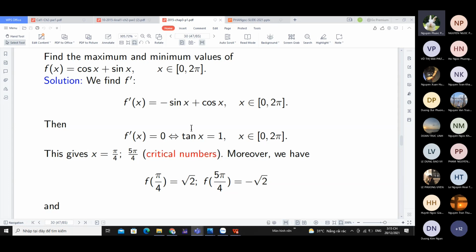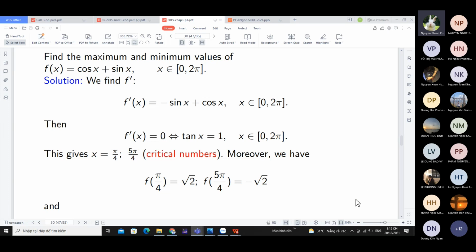And here x belongs to [0, pi], because we find the maximum value and minimum value of the function f on the closed interval [0, pi]. So f prime of x equals 0 gives you minus sin of x plus cos of x equals 0, or sin of x equals cos of x, right?